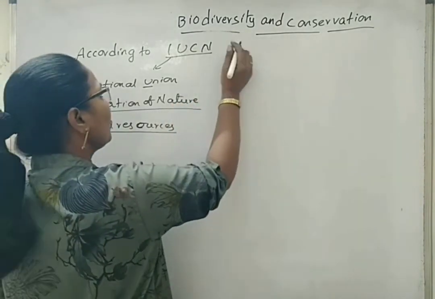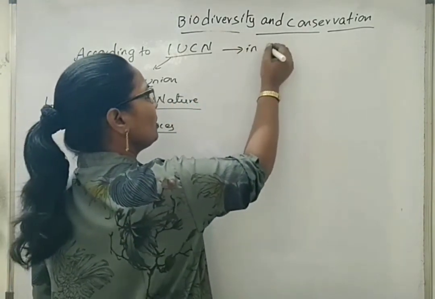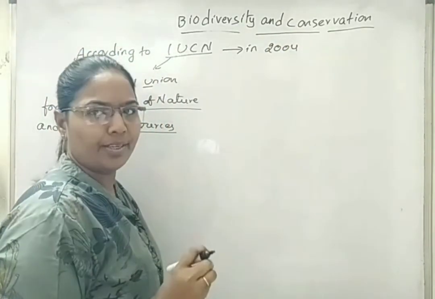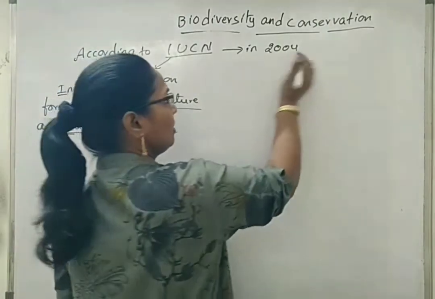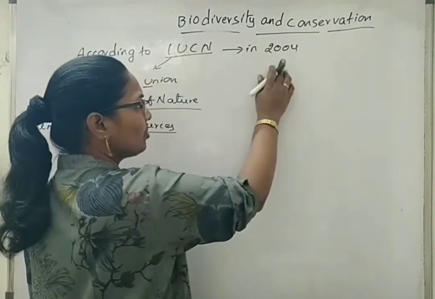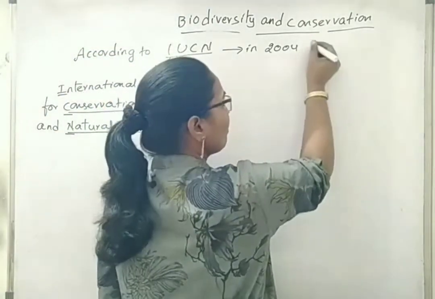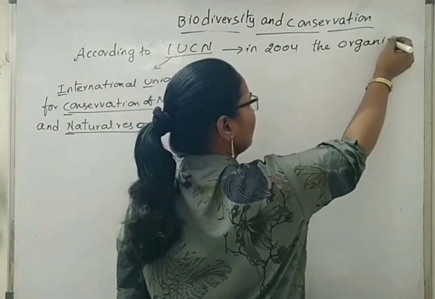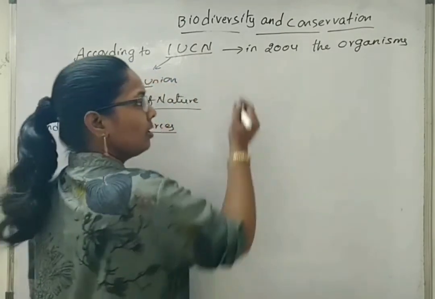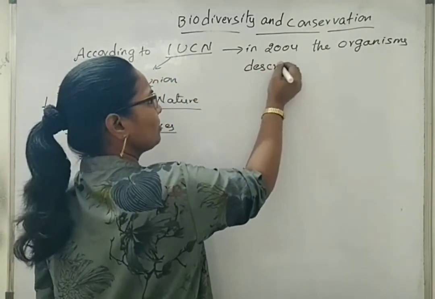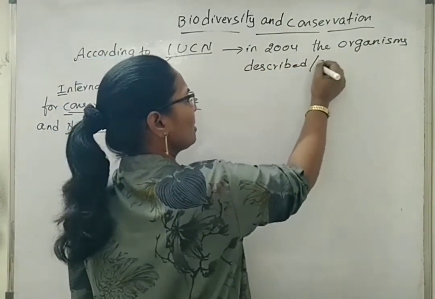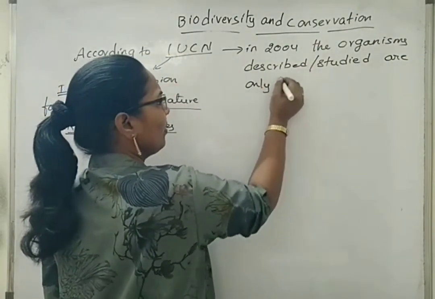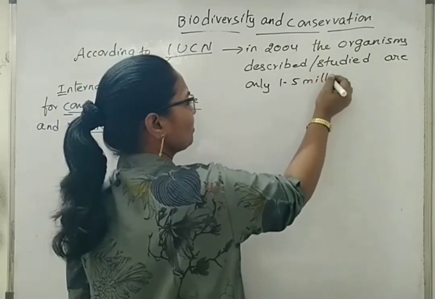So, according to IUCN, in 2004, it is one of the organizations which used to do surveys and studies. According to the 2004 analysis, the organisms described or studied are only 1.5 million.